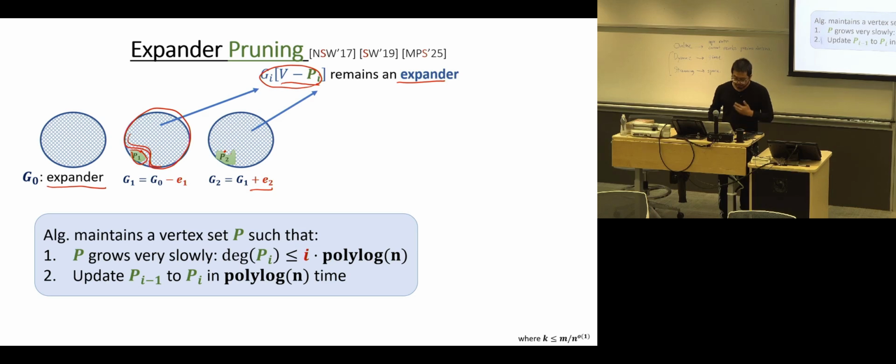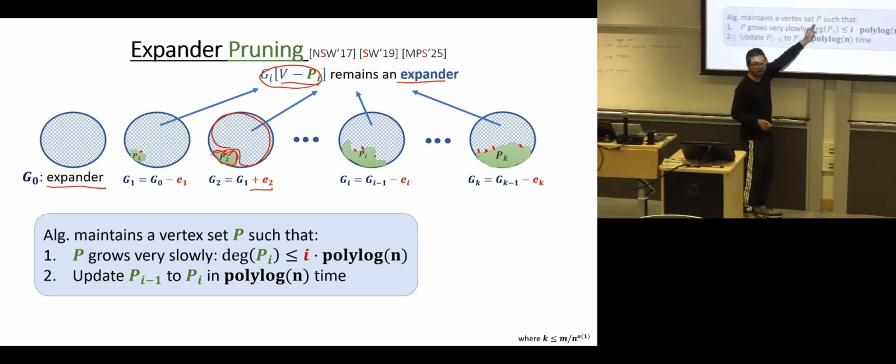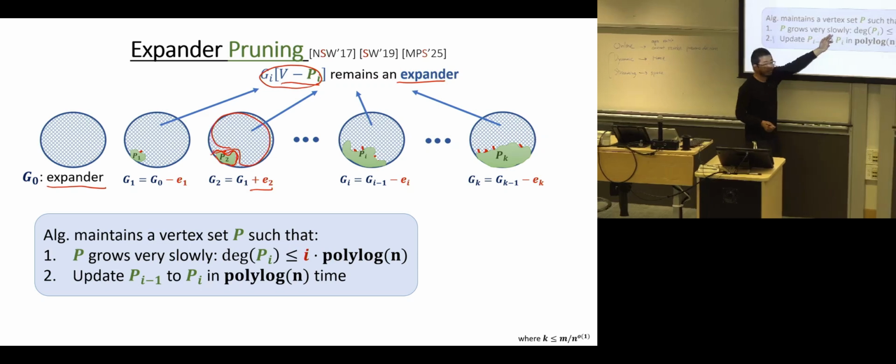The algorithm will update the prune set to P2. This set will grow a bit, and the rest is still an expander, and so on. Specifically, the algorithm will maintain the vertex set P such that P grows really slowly.